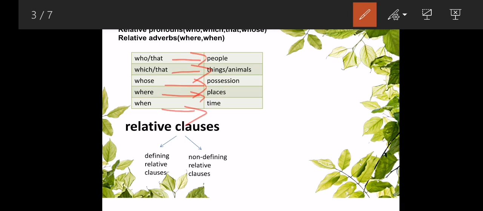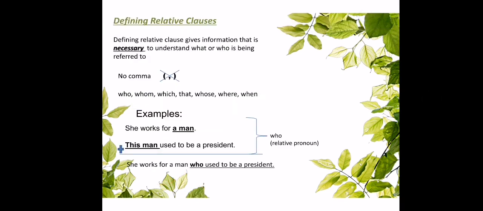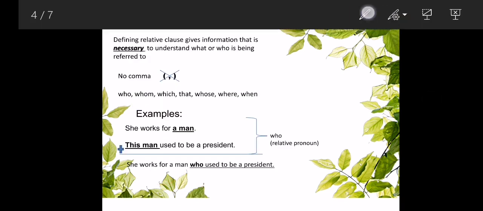Relative clauses are separated into two parts: defining relative clauses and non-defining relative clauses. Let's see. What are defining relative clauses? A defining relative clause gives information that is necessary to understand what or who is being referred to.